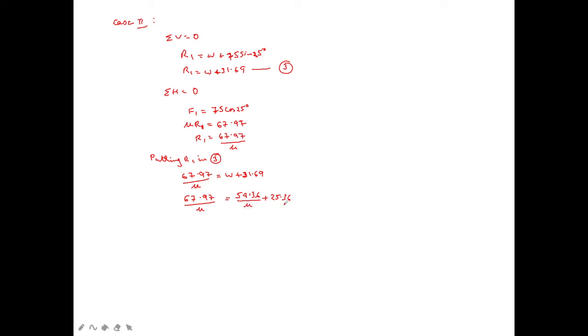So this entire expression is the value of W, plus 31.69. So I put the value of W from equation number 2 in this equation, and finally I'm getting this.